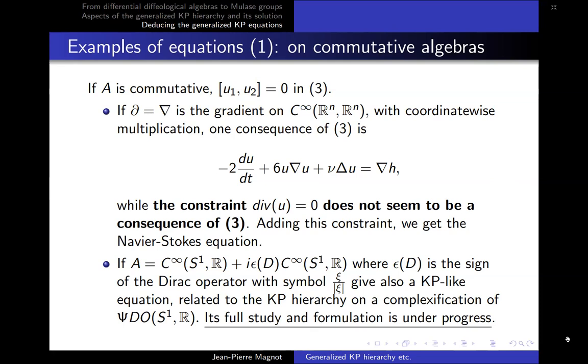But a consequence of the system that we got before is that we get an equation which looks like Navier-Stokes, but we did not manage to find a way to deduce also that the divergence is 0.